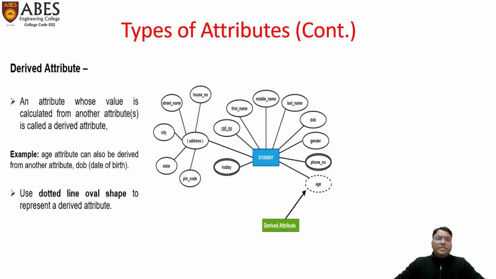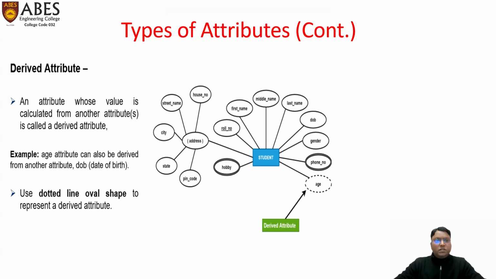Derived attribute. Third is derived attribute. An attribute whose value is calculated from another attribute is called a derived attribute. Suppose you know the date of birth of any student, then we can derive the age of the student by subtracting the date of birth from the current date.